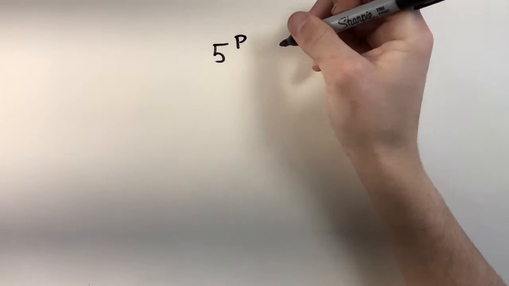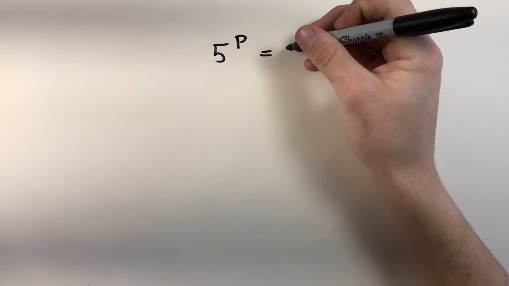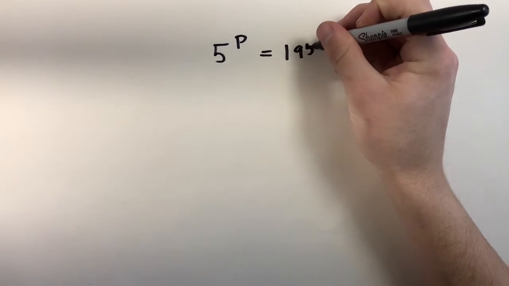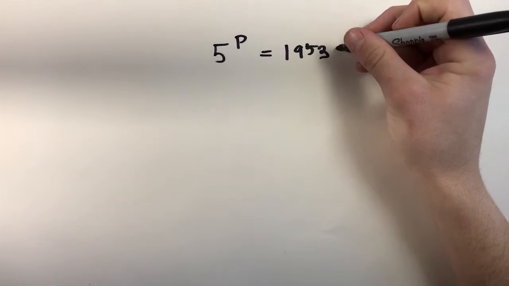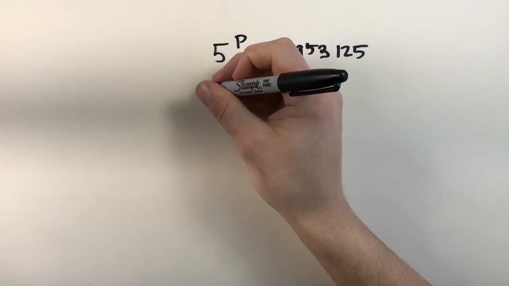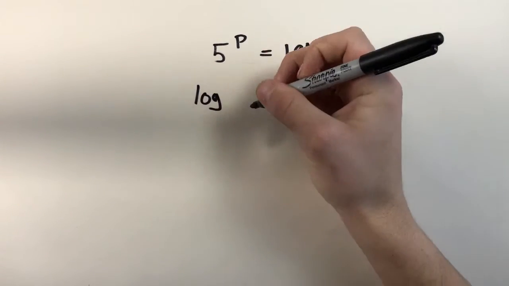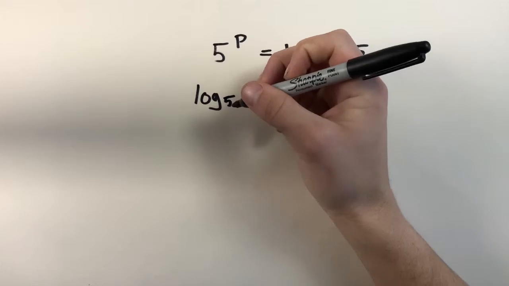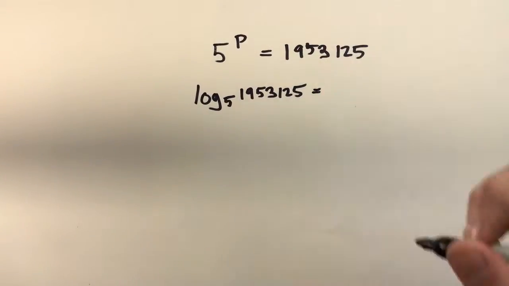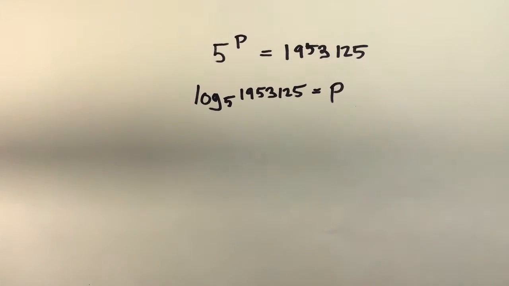5 raised to what power gives us 1,953,125. So the base number will be 5. Log base 5 of the number, that'll equal p.